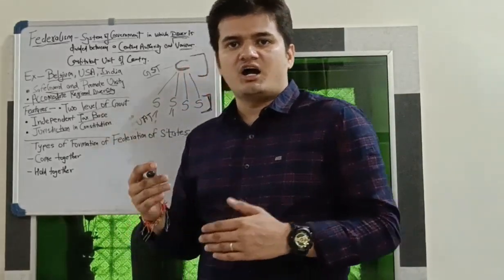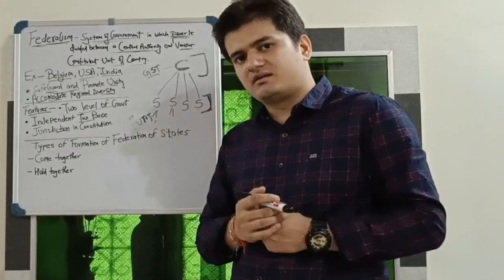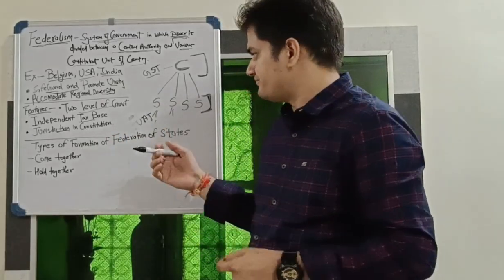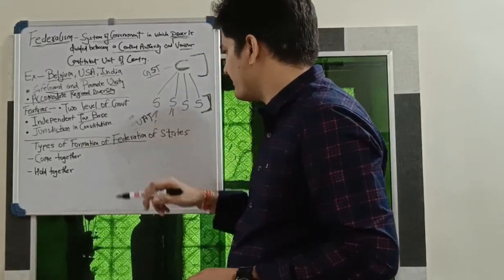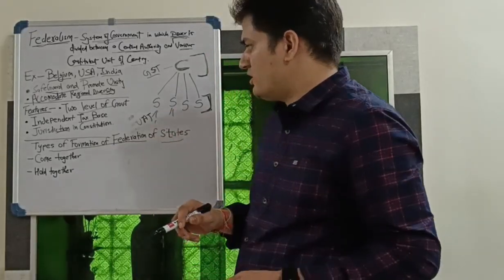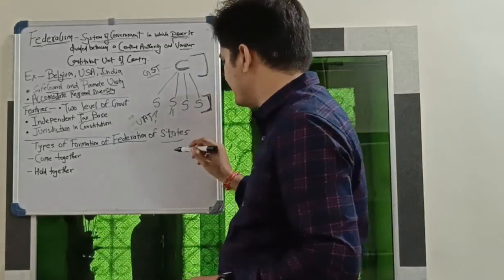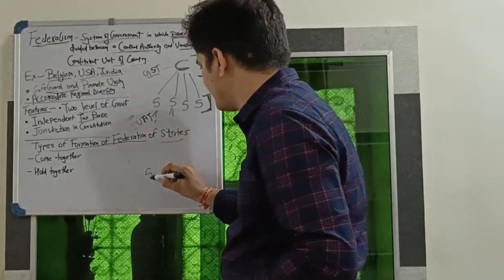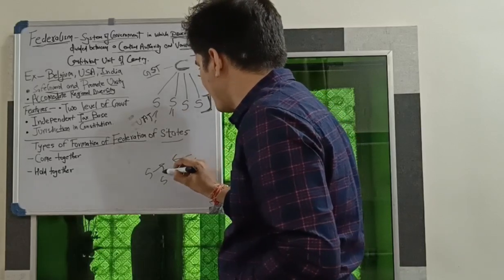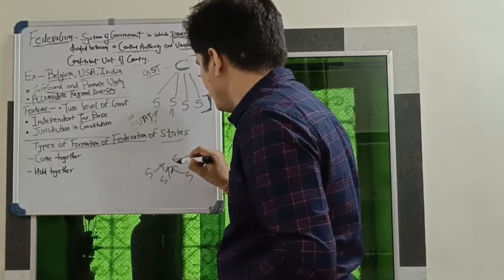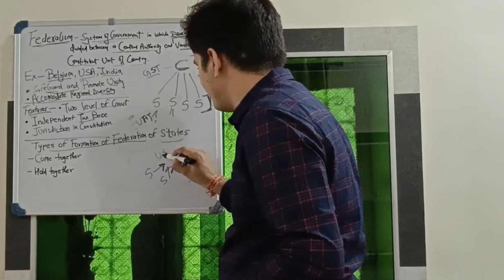Now we will understand how the states of any country make the federal form of government. So we will understand the types of formation of federation of states. The first is come together. That means when various states in a country come together and form a larger country, like we have the USA.